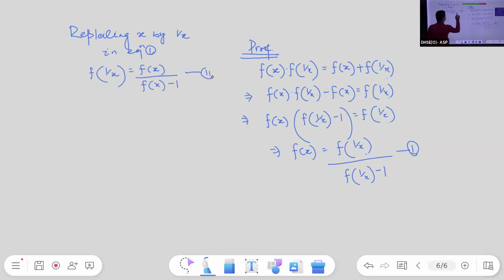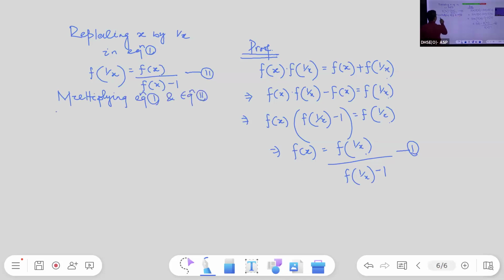This is equation 2. Now multiplying equation 1 and equation 2.